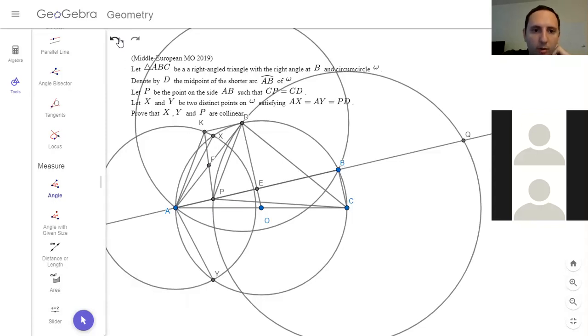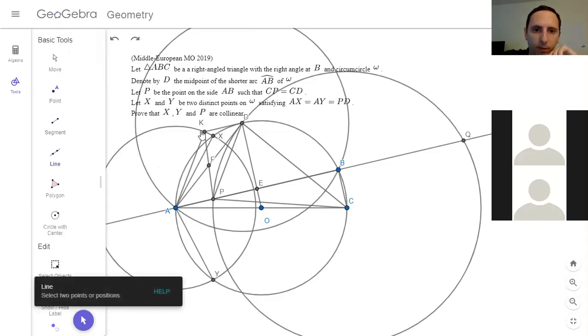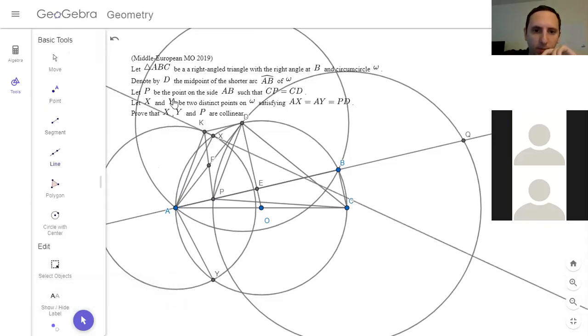Yeah. So basically AKP is KPD, and we want to show that's KBP. I don't think KX and B are collinear, but it would, no.